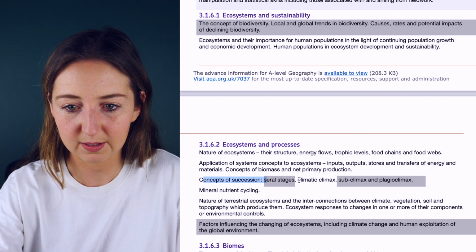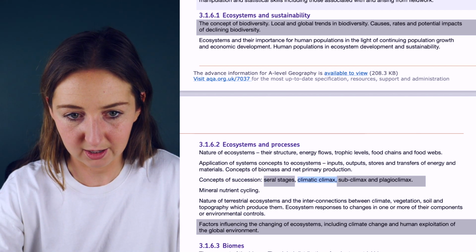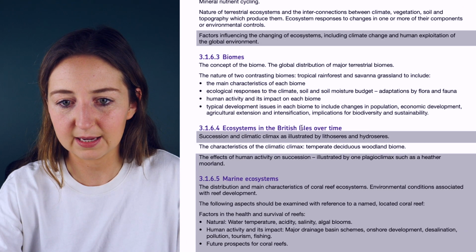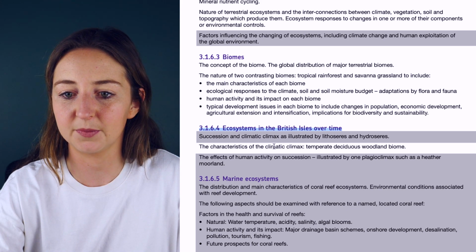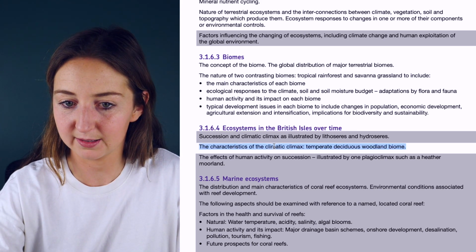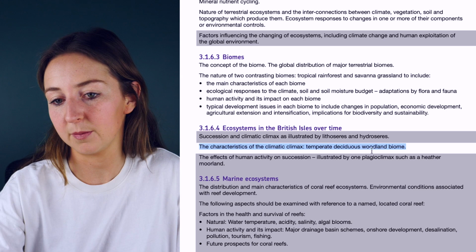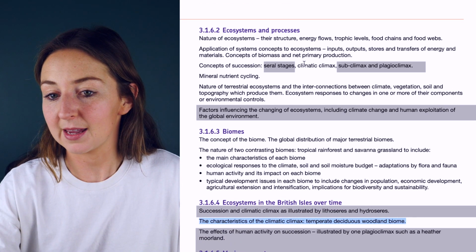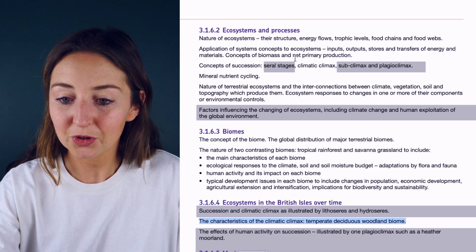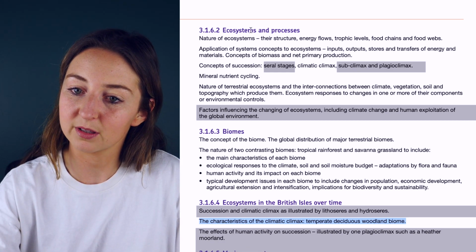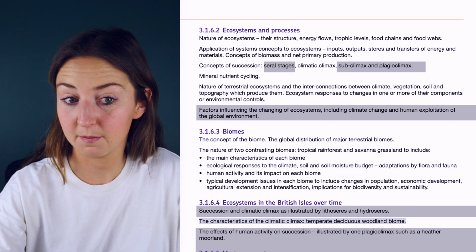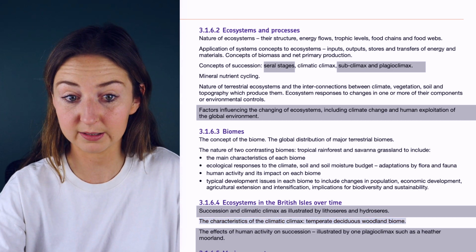So they have concepts of succession, climatic climax, and then if you go down, you can see here the only part of ecosystems in the British Isles over time is characteristics of the climatic climax, temperate deciduous woodland biome. So that makes me think that there might be a question on that because they've picked out those 2 parts of the spec. So make sure you're looking at that. I don't know what kind of length questions they would be, but check that out. Maybe 4 or 6.